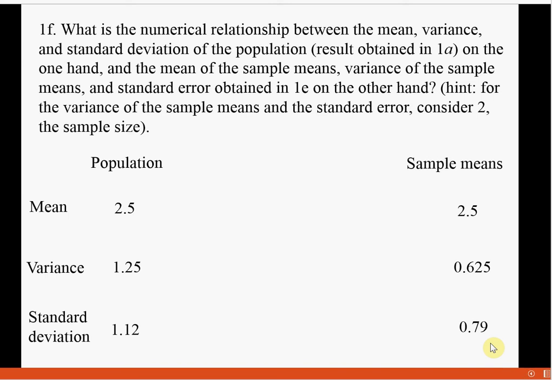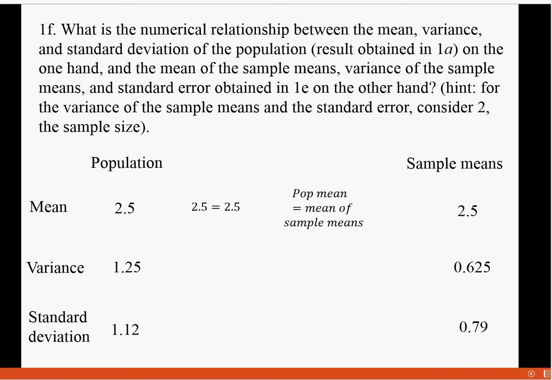Let's see numerically what the relationship is. It's very easy to find the relationship between the population mean and the mean of sample means, because they are identical. So we can conclude the population mean equals the mean of sample means.